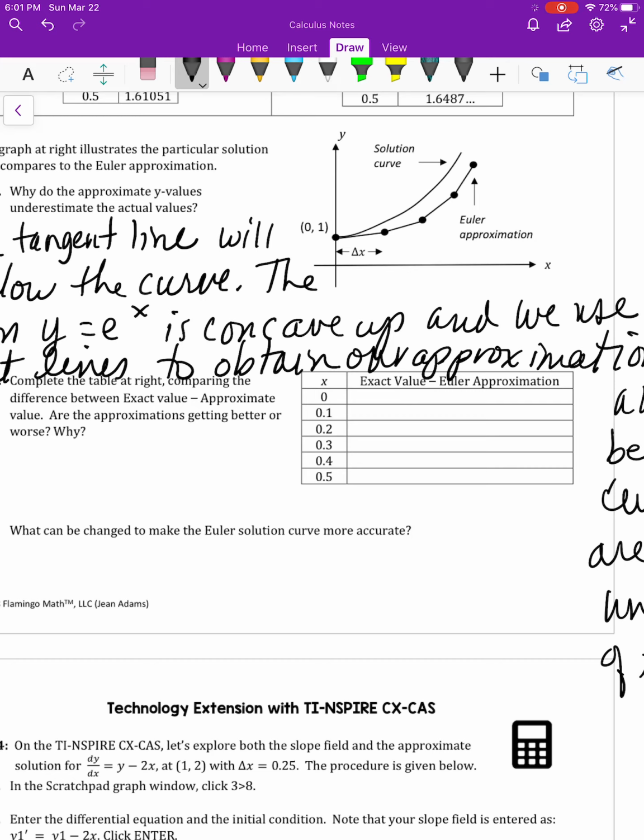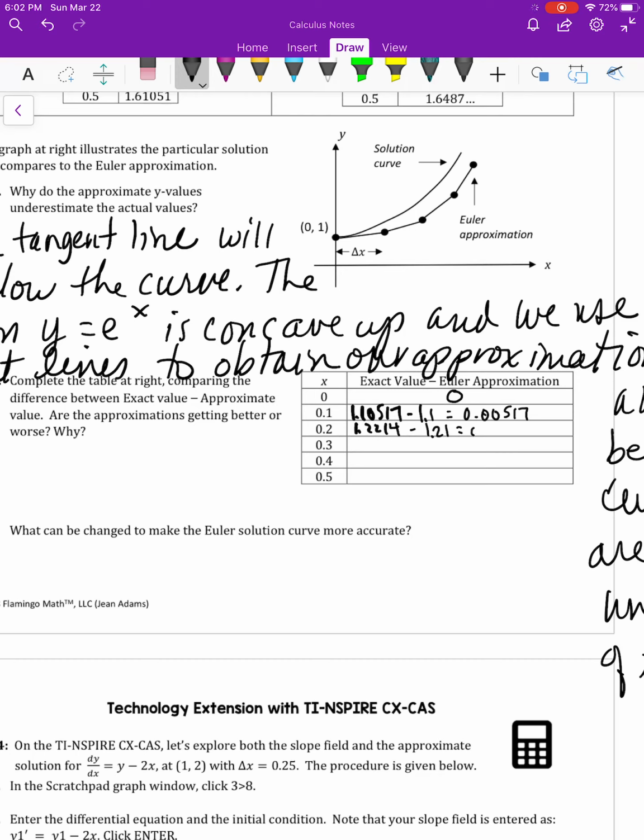If I take 1 minus 1 here, I get 0, because I'm looking up at that original table and taking the exact minus the approximation. For 1.10517 minus 1.1, I'm going to get 0.00517.